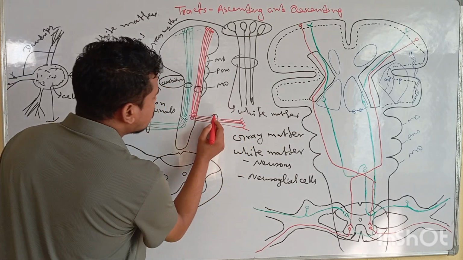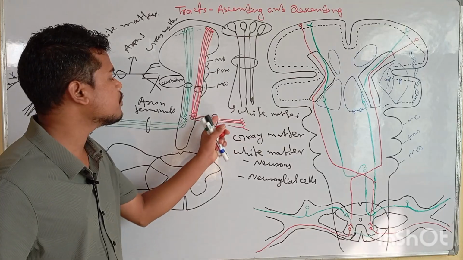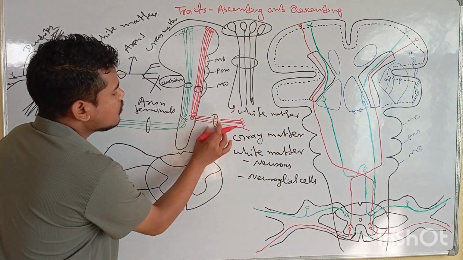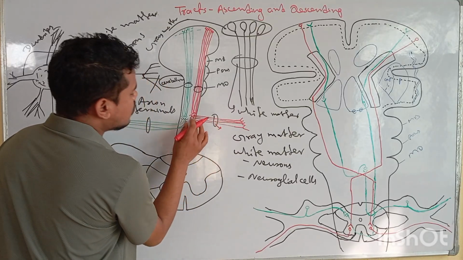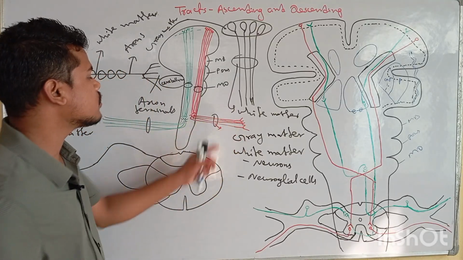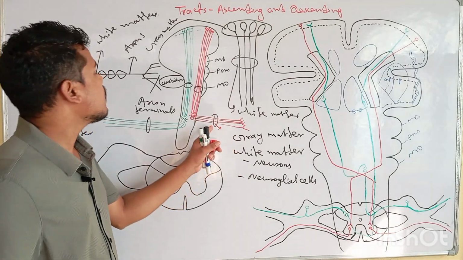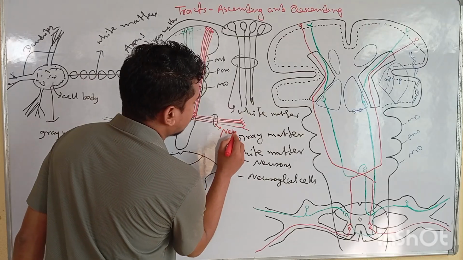So here is also a collection of axons. This collection of fibers, that is axons, outside the central nervous system, we call as the nerve.